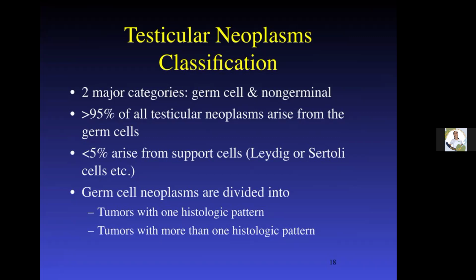So 95% of them arise from the germ cell, and only 5% arise from the support cells like your Leydig cells or your Sertoli cells. They are also divided into tumors with one histologic pattern and tumors with more than one histologic pattern.